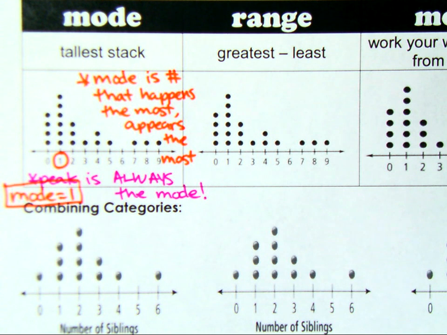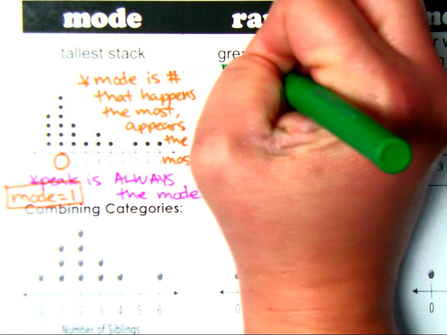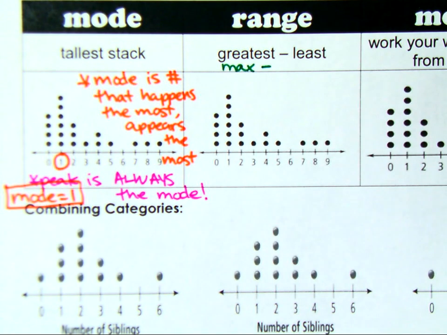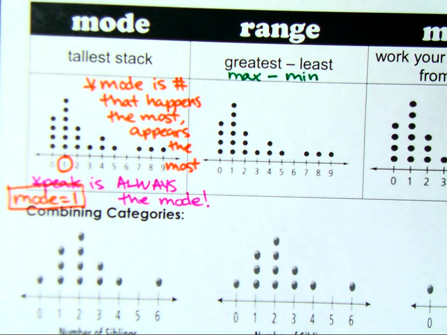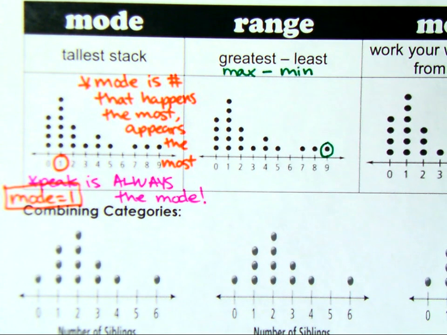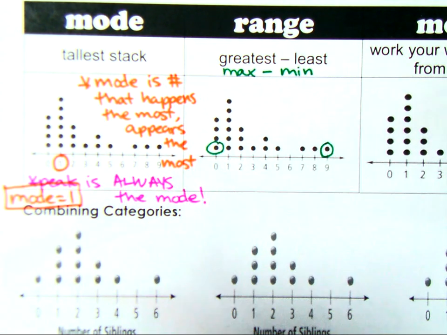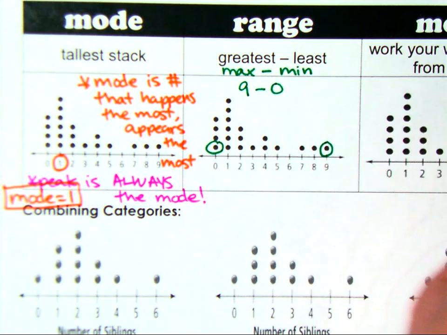All right, let's talk about range. Range is when we took our greatest number, or our maximum, and subtracted our lowest number, or our minimum. So it's based on what you see. Because there's a dot above this 9, and at least one dot above this 0, our maximum is 9, and our minimum is 0.